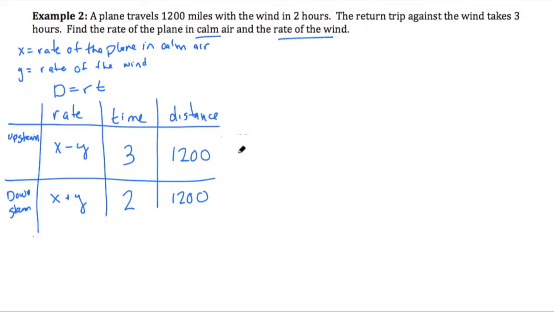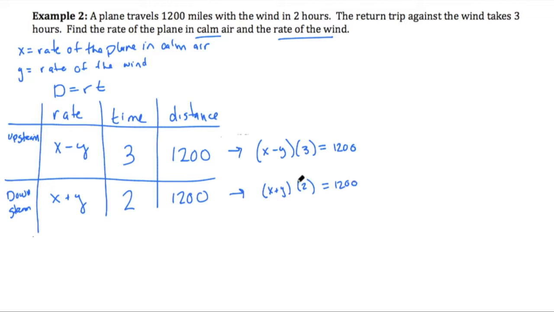So this leads us to two equations because we know that rate times time equals distance. I'll write it just as it is. So x minus y, it's important to put those in parentheses, times 3, that's rate times time, is equal to distance, 1,200. And similarly, x plus y times 2 is equal to 1,200 again.